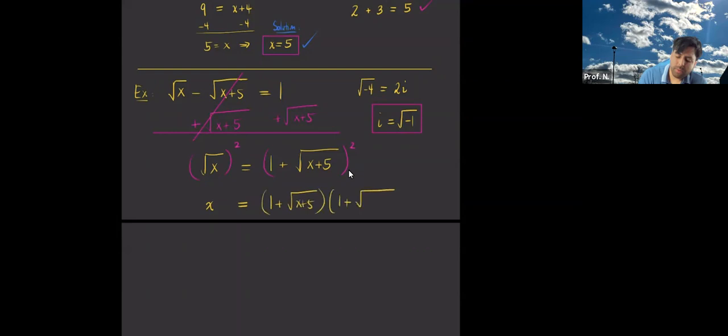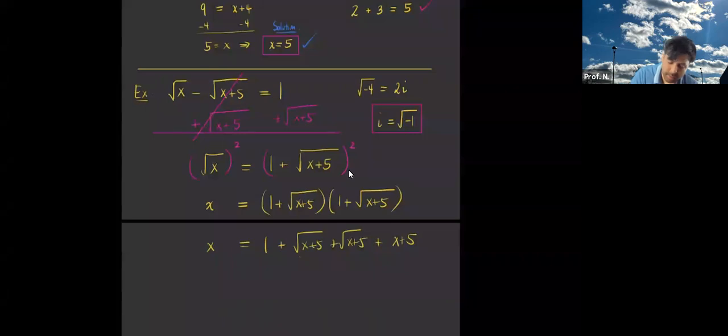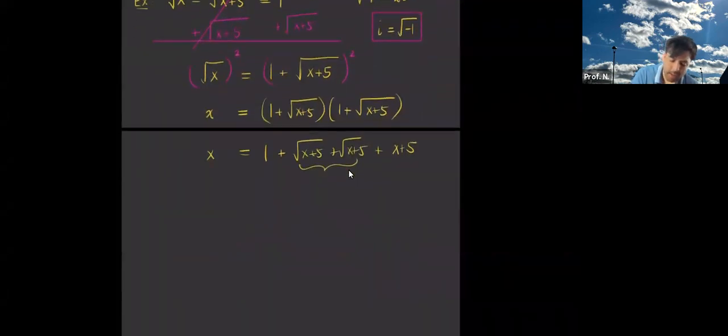Expand, I get 1 plus rad x plus 5 plus rad x plus 5 plus x plus 5, because rad x plus 5 times rad x plus 5 is x plus 5. And I get x here, right? And then the x is here. I want to combine the outer and inner terms, and I get 1 plus 2 rad x plus 5 plus x plus 5.